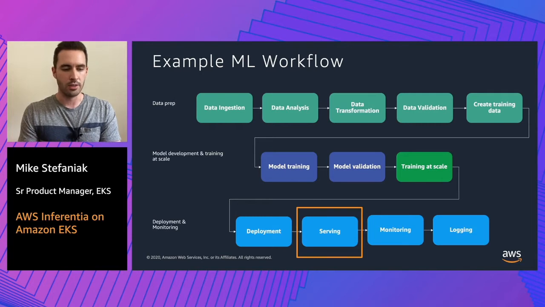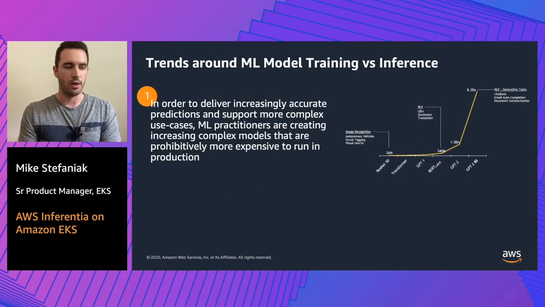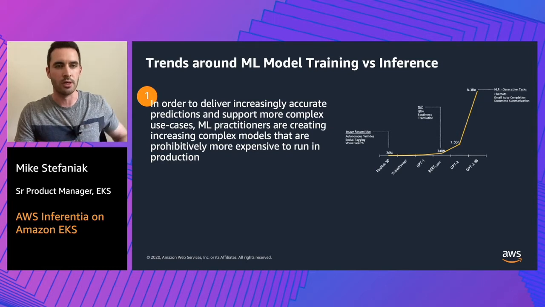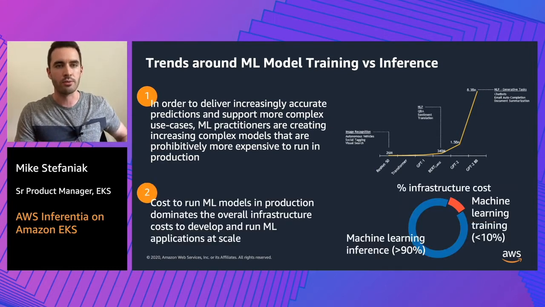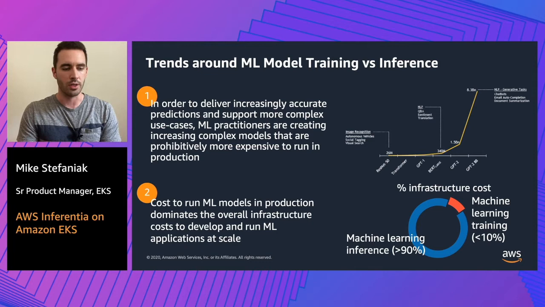And it turns out that when you look at training versus inference, models are becoming ever more complex. We've seen more and more models like BERT and other natural language processing models become more complicated, and the cost to run those models in production becomes higher and higher, and it can become out of reach for a lot of organizations to run at scale.